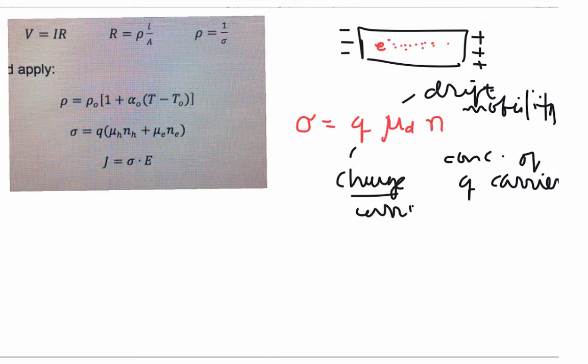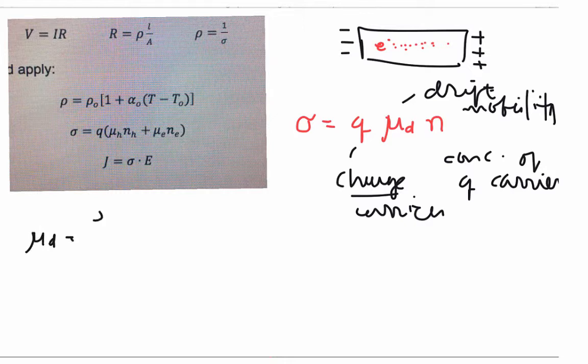And the drift mobility refers to the fact that if, for example, an electron were in a material and there was a positive voltage put over here and a negative voltage here, the electron would essentially drift in that direction. It wouldn't go straight in that direction, but drift through a series of collisions and head in that general direction. And in fact, the units of the drift mobility are odd.